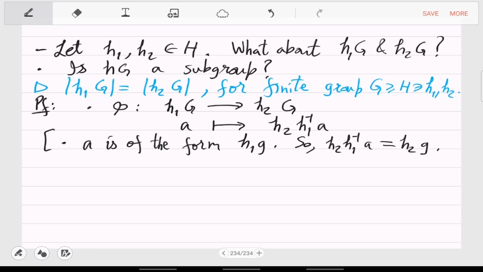So this means that the map is well defined. It takes every domain element to an element in the range, right? So H1G is mapped to, for instance, H2G.